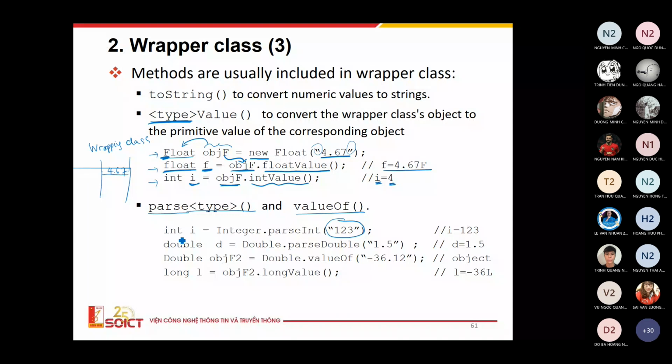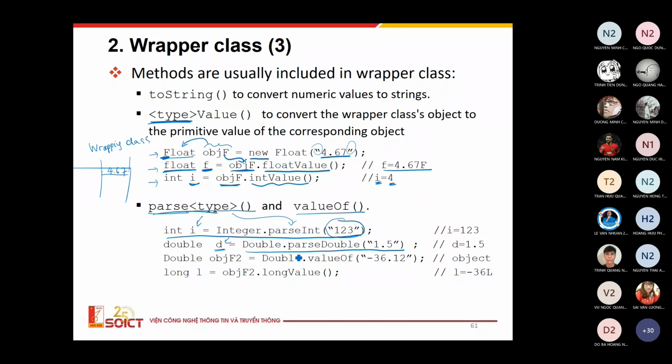I also introduced this syntax in the first lesson, which changes a string into a value. You use parseInt, and like for double, you can use parseDouble, and you will receive the value.